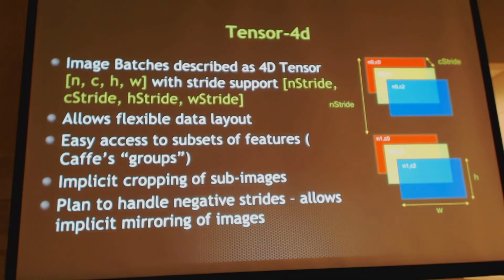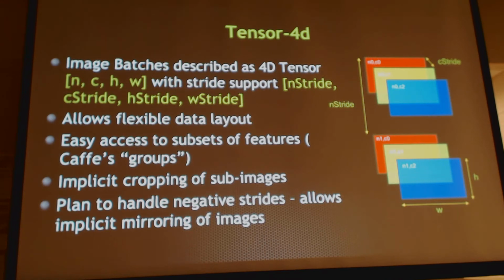We also support striding along each of these dimensions, so you can have your layout. You could have the dimensions being N, C, H, and W from slowest varying to fastest varying, or you can have an interleaved format, which is N, H, W, C, with the successive pixels from each color plane being one after the other. All of that can be handled using these user selectable stride parameters.